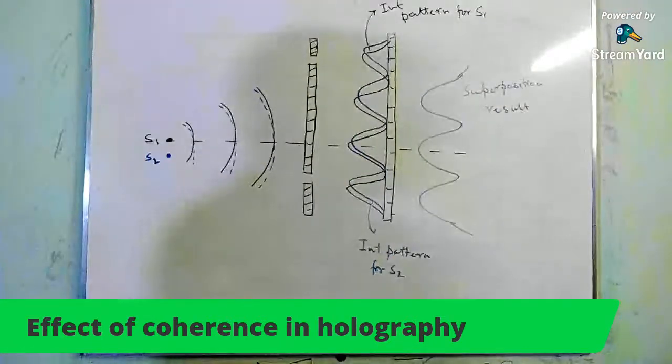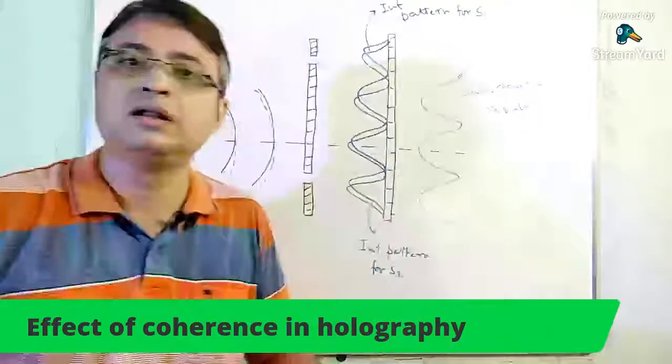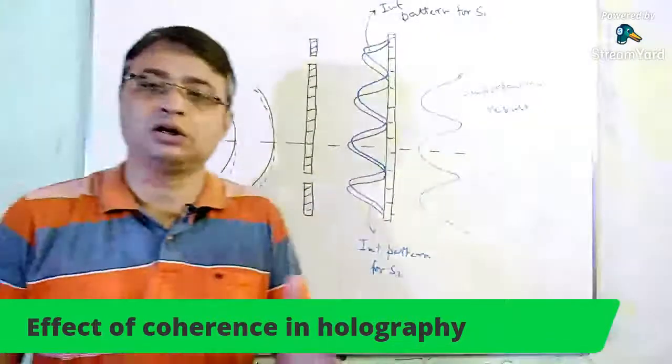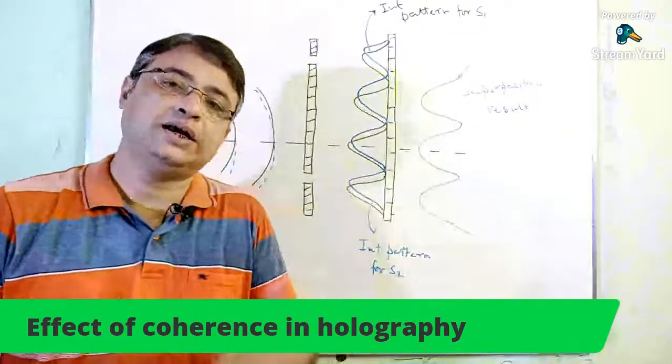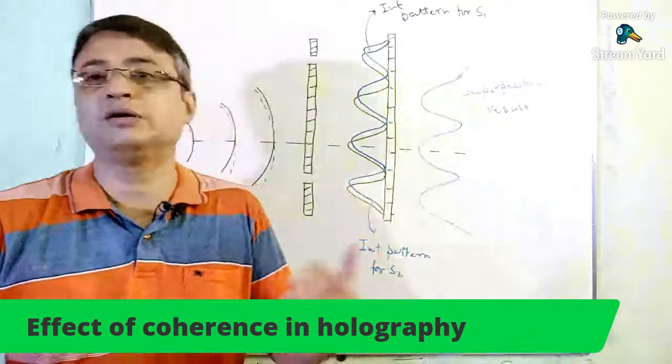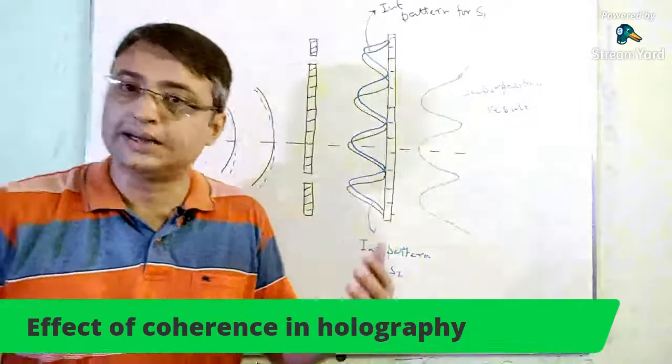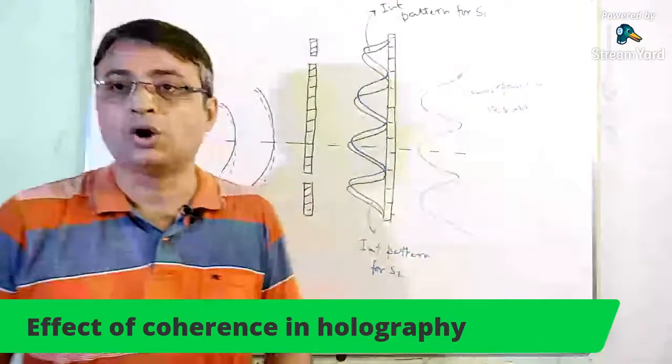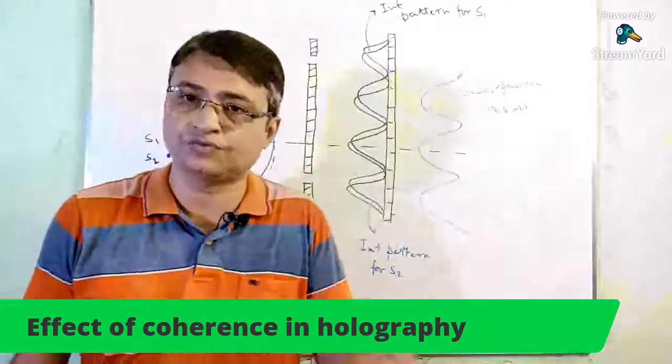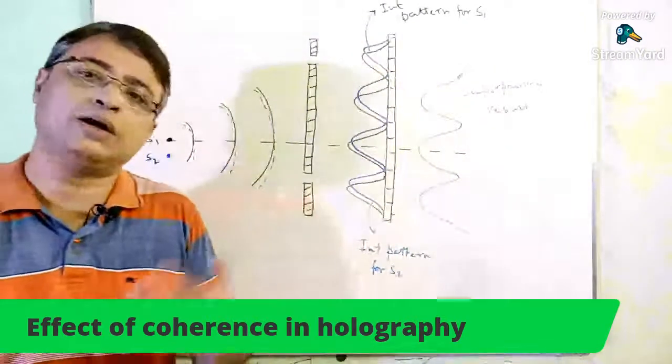So comparing the effects of spatial coherence and temporal coherence, what will we conclude? Whether we must use a temporal coherent light source or a spatial coherent light source for holography, what will be our answer?